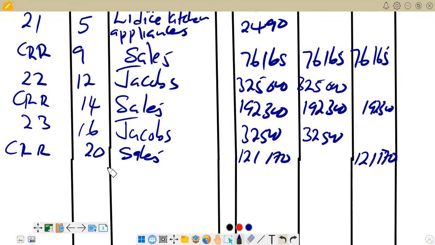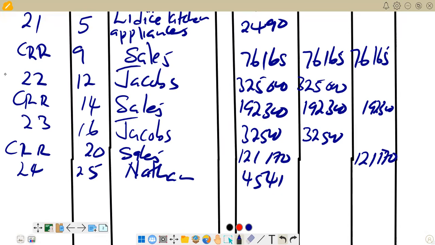So this is the cash receipts journal. We are saying here the document is 24, and then date 25, and then this is Nathan. On the amount, 4,541. And remember, we have a column for trade receivables.